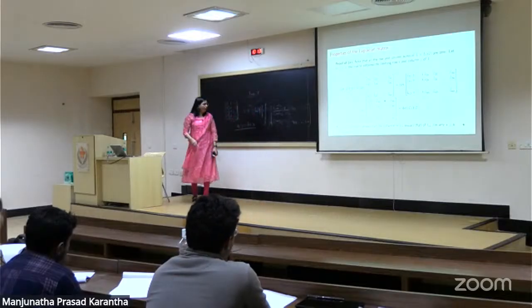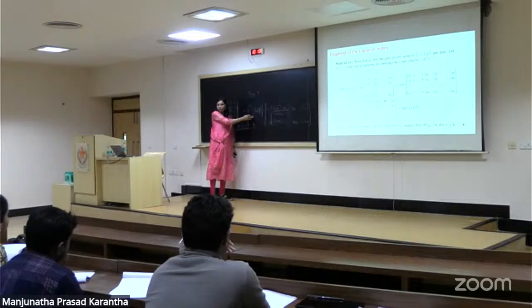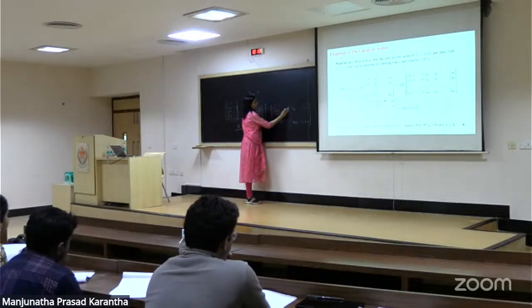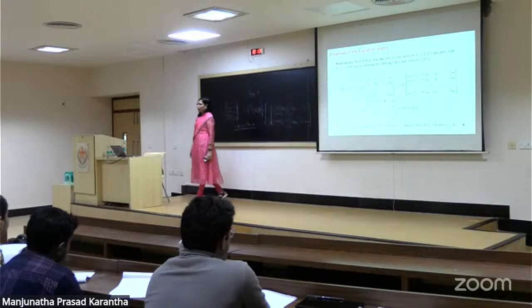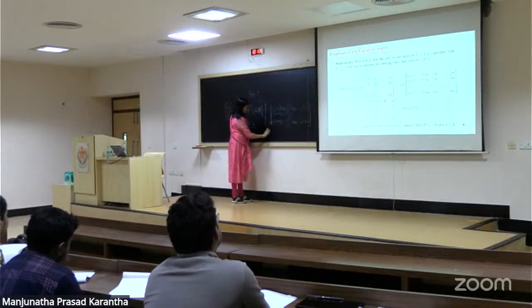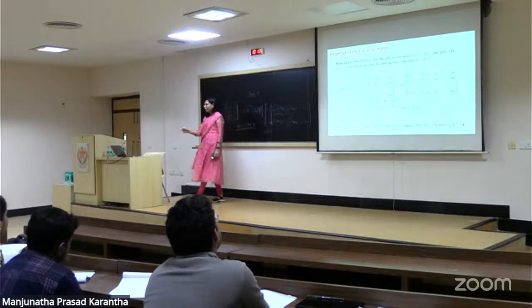So the determinant of this matrix is nothing but now the determinant of this matrix. Here we have it. Okay. Then if I take out minus 1, this matrix is this matrix as per our notation.